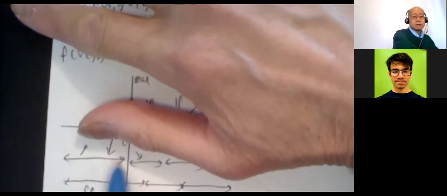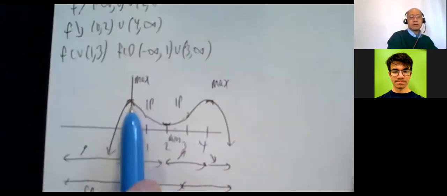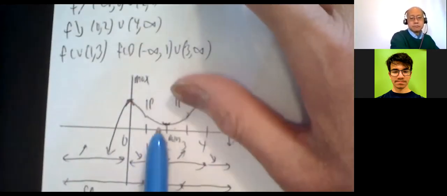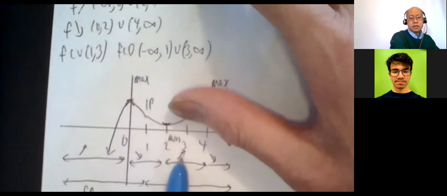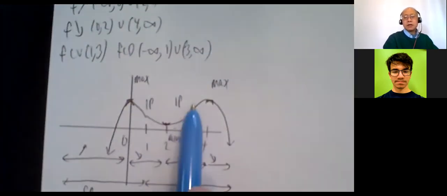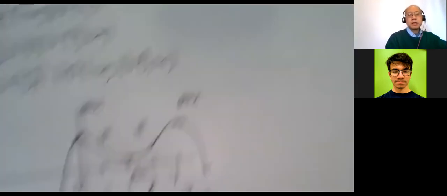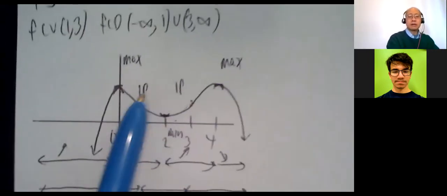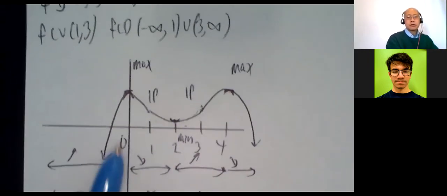Up, down, that makes this a maximum. That's why I made a max. How about down and then up? Minimum. How about up and then down? Maximum. You say, where's the y coordinate? It doesn't matter as long as it's relatively in the right position. So that makes this a max, min, max.